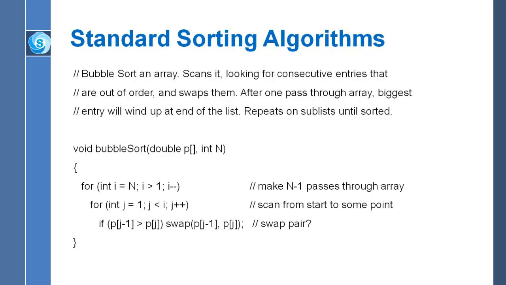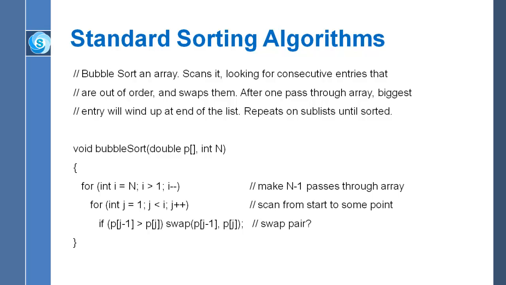Hopefully you're not disturbed by the absence of curly brackets here, but following C syntax, I have an outer loop whose body is an inner loop, and the body of that inner loop is simply an if statement. Okay? So you can see from the outer loop's header that there's a counter involved, and that counter variable I is going to decrement from n down to 1, and when it hits 1, it'll quit the outer loop.